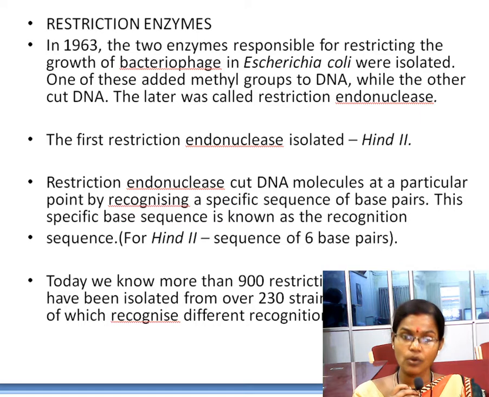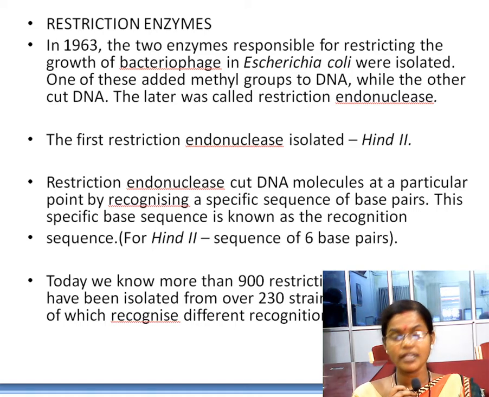These restriction endonucleases can also be seen in the bacteriophage as well as E. coli. I'll show you the picture, don't worry, but keep in mind that REN means restriction endonucleases.